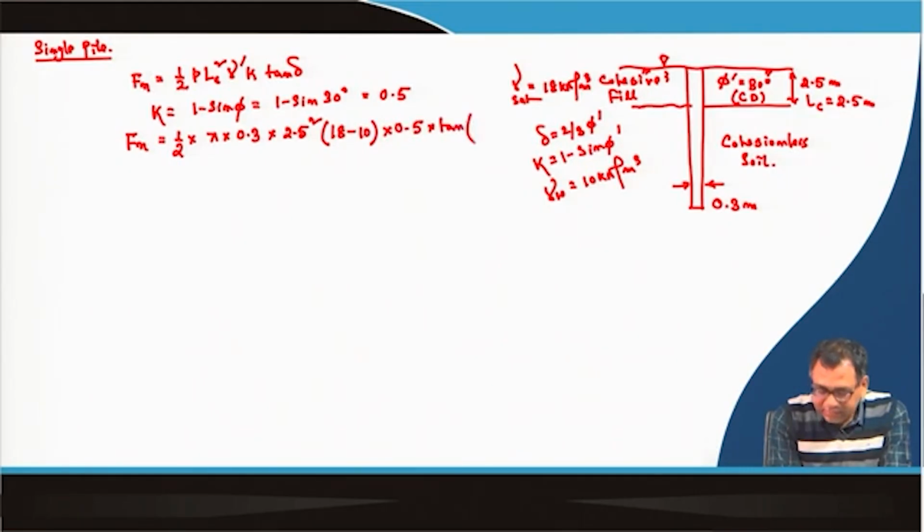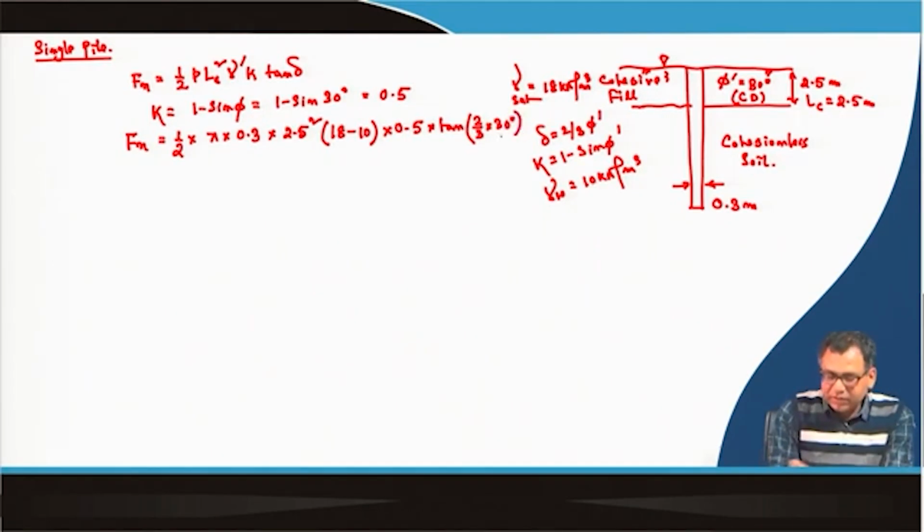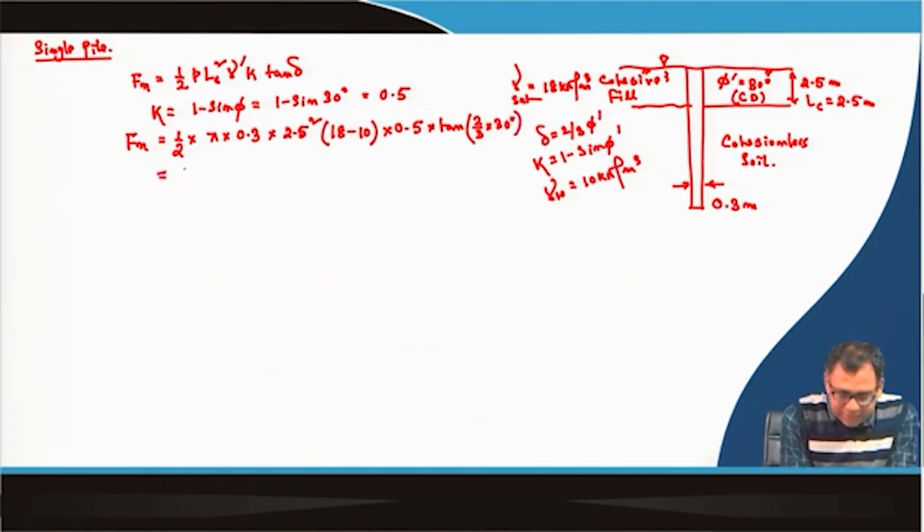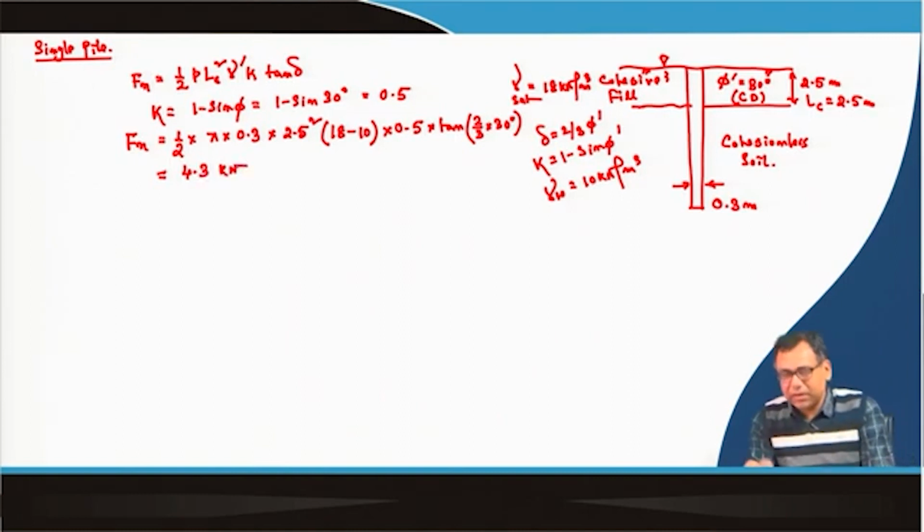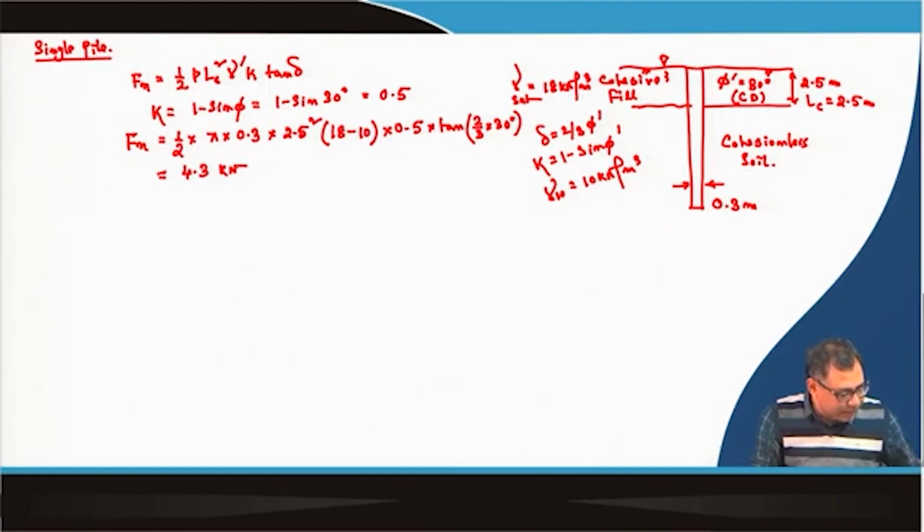Tan delta is 2/3 of phi, which is 30 degree. So, this is the negative skin friction, and that value is 4.3 kilonewton. So, that much of the load, additional load is acting on the pile due to the negative skin friction.